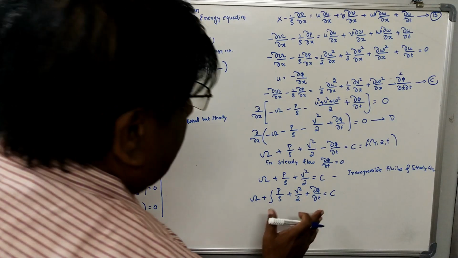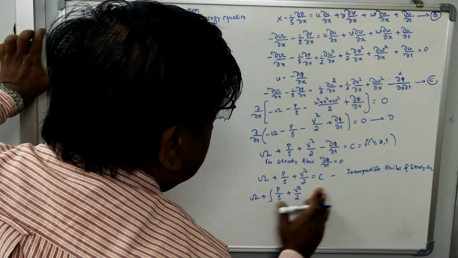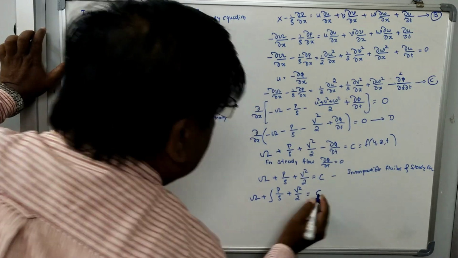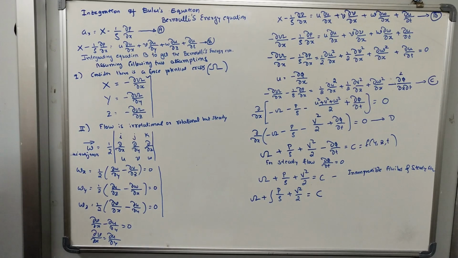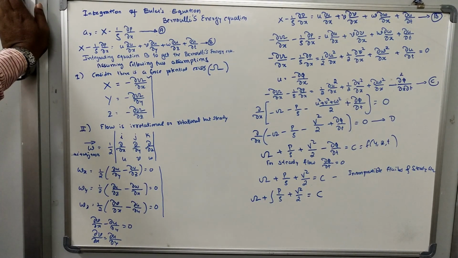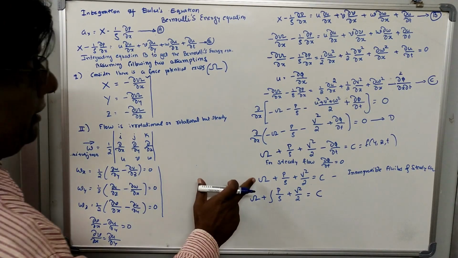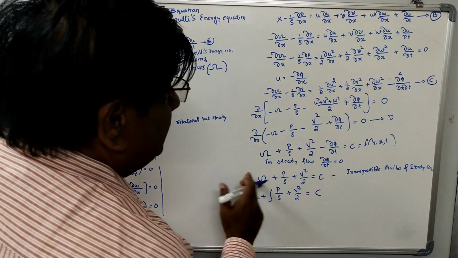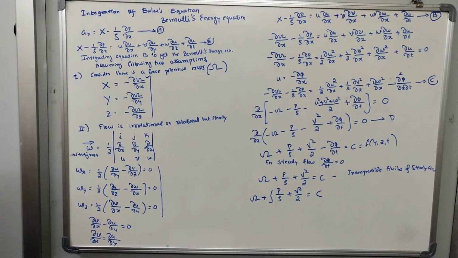Or for steady flow, this term is 0, so this is equal to c. So this is the most general Bernoulli's equation for compressible and incompressible fluids, but for steady flow.